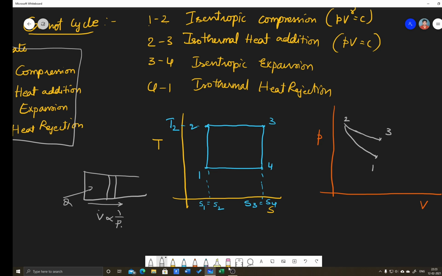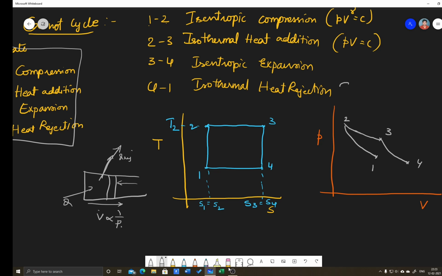So pressure will reduce and volume will increase. And the last one is isothermal heat rejection. If you want to reject heat from this, you have to gradually compress this, and while compressing, the temperature of the gas will increase, and that will be maintained constant by rejecting heat continuously.